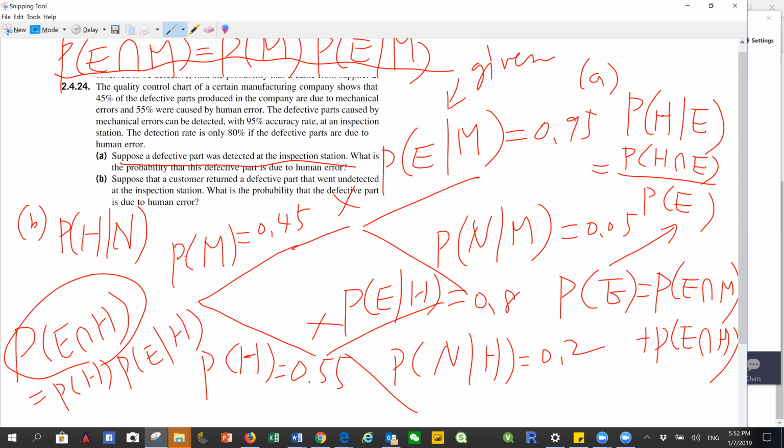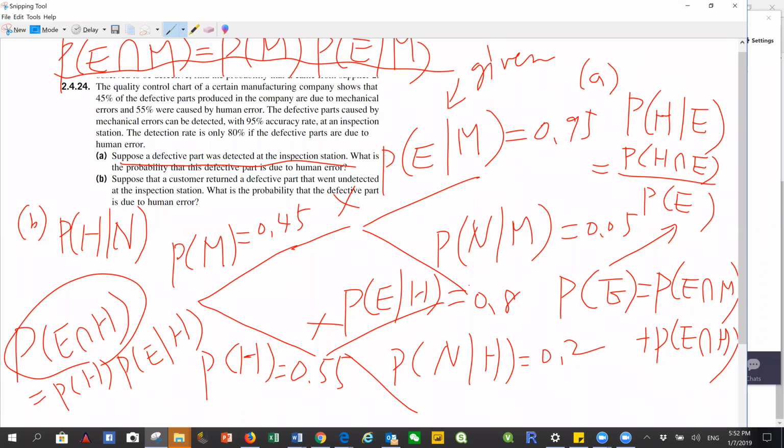Then to find P(N), add these two up, similar to this one. You change the E to N, you will know what I'm talking about.